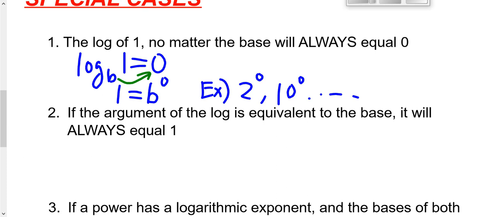Log base b of b, whatever the base is, which is the same as the number that we take a log of, will always be equal to 1. Why? As I showed you guys here, it doesn't give you 0, because we can write down b raised to the power of 1 here. The log is gone, so the exponent becomes the answer.